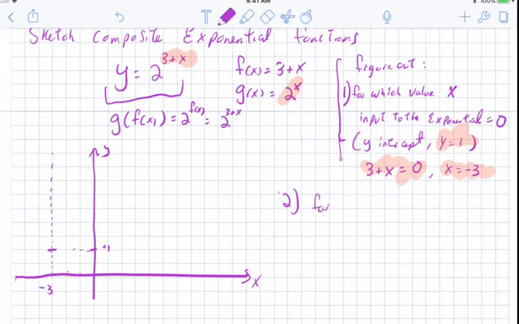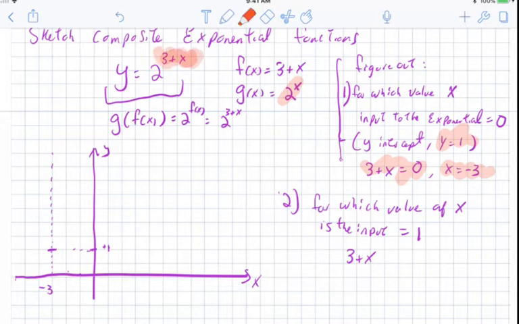For which value of x is the input equal to 1? So 3 plus x, I want the input of the exponential to equal 1, because I know that at that value, y is equal to the base of the exponential. So that's going to happen at x is equal to -2. So I know on this graph at x is equal to -2, the height is equal to 2.